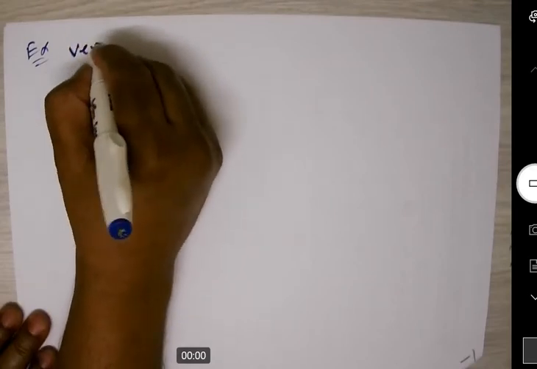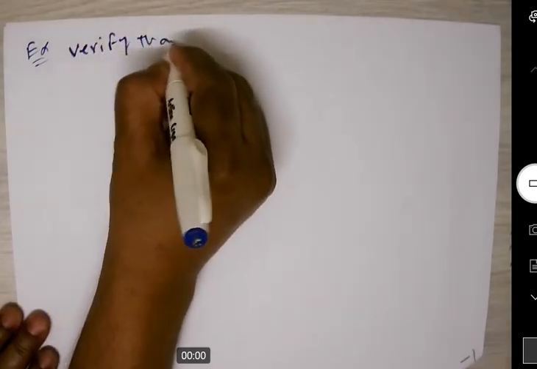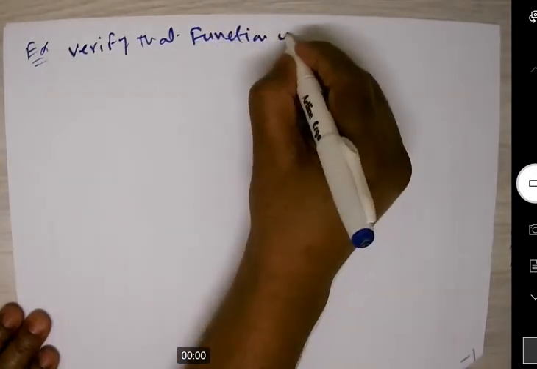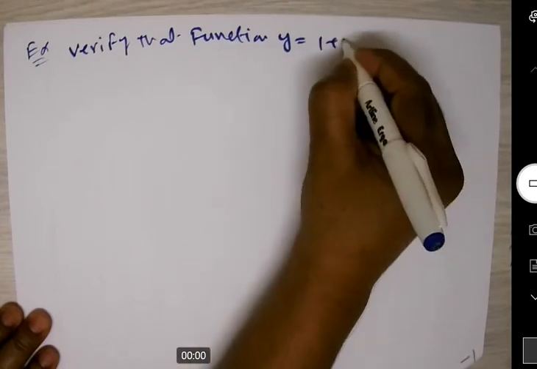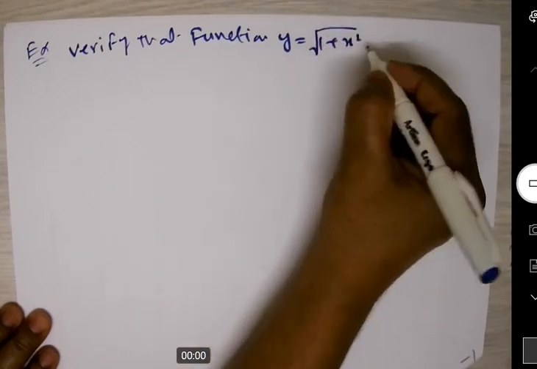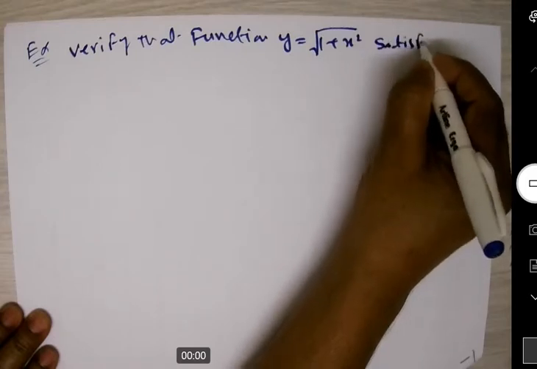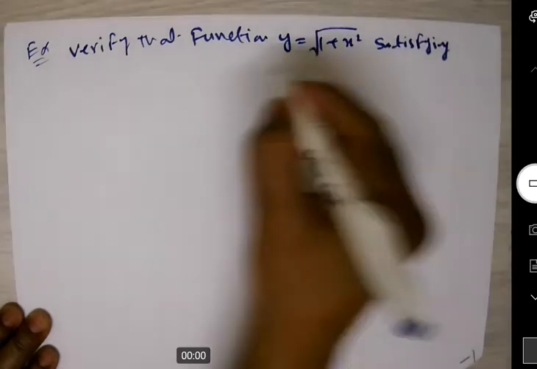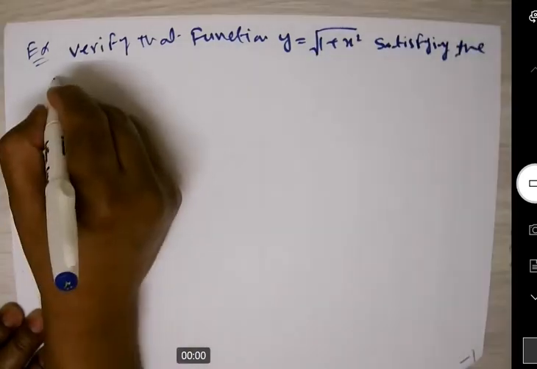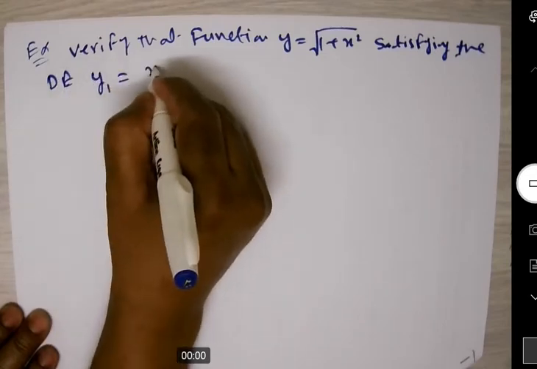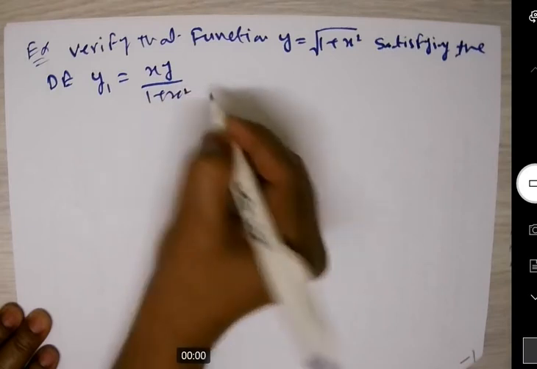Another example related to that: verify that the function y equal to square root of 1 plus x square satisfies the differential equation y1 equal to xy divided by 1 plus x square.